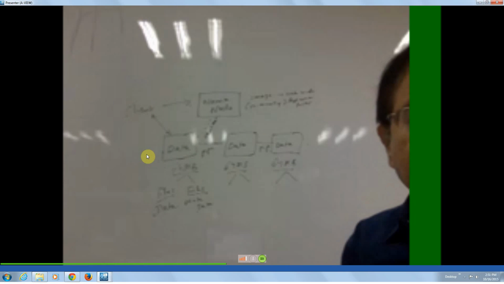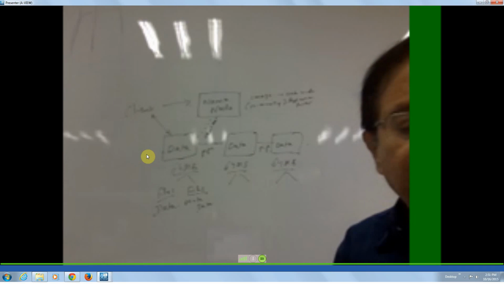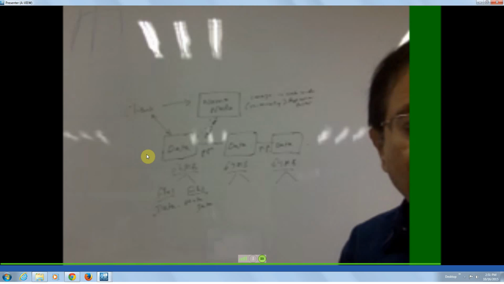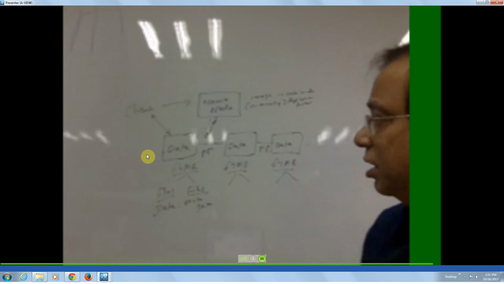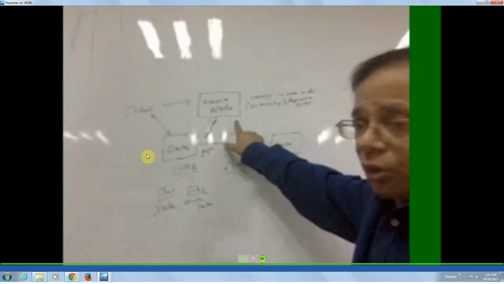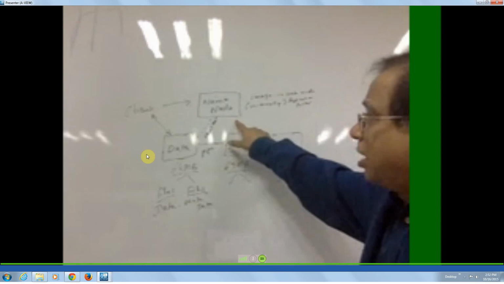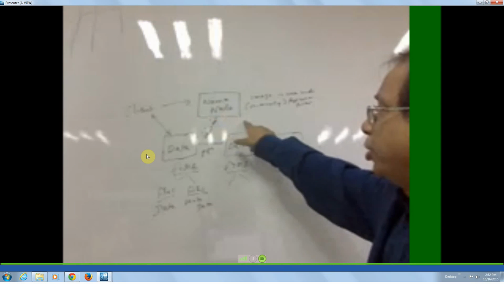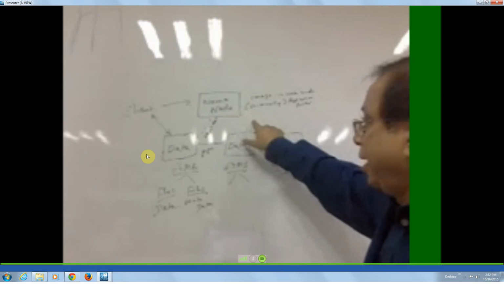I think there was another question from 48: does the data node maintain the metadata? There are two kinds of metadata. The file metadata is with the name node, which means that all the metadata relating to a particular Hadoop file is with the name node.